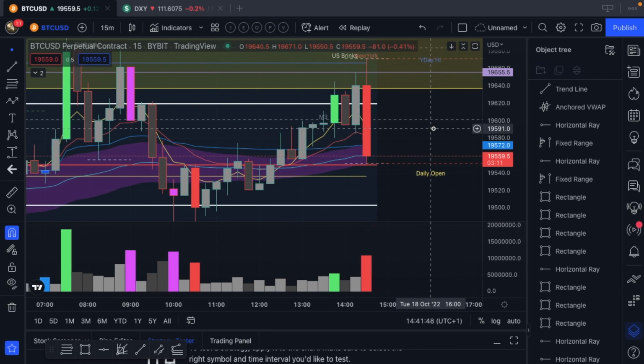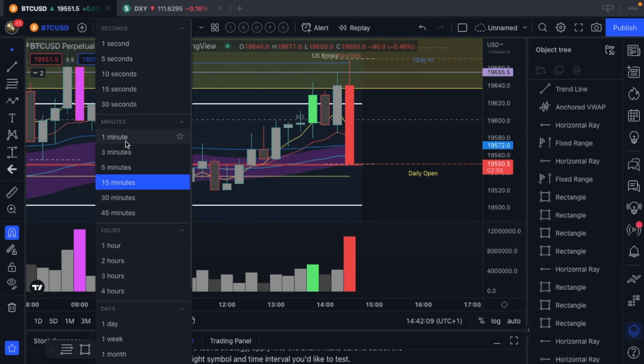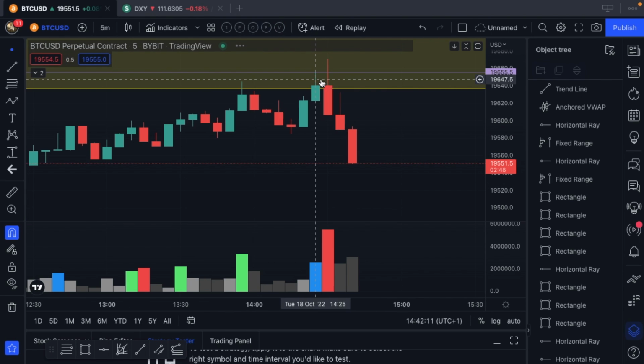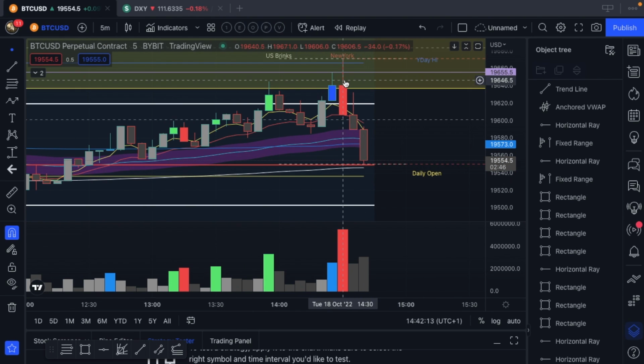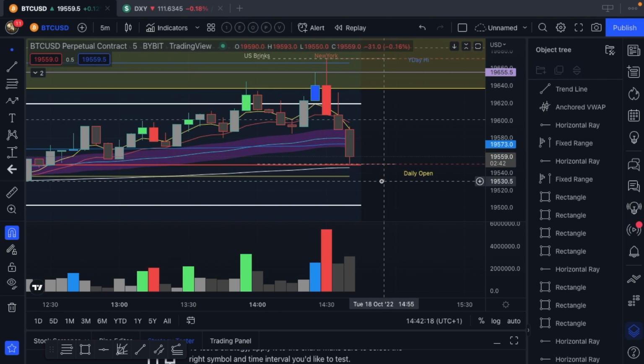So here we are, just above the daily open. There's your daily open. You'd expect at least a retest of that. But again, New York Open does not play fair. They don't play by the rules. What you're going to see is they're going to rip it down, they're going to rip it up, all within the first few minutes of trading. They will do that quite a bit. But this could actually be a sustainable move down.